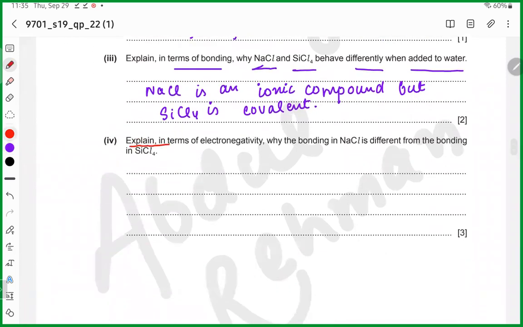Explain in terms of electronegativity why the bonding in NaCl is different from the bonding in SiCl4. You have to explain this in terms of electronegativity.